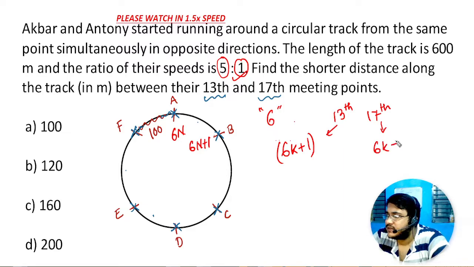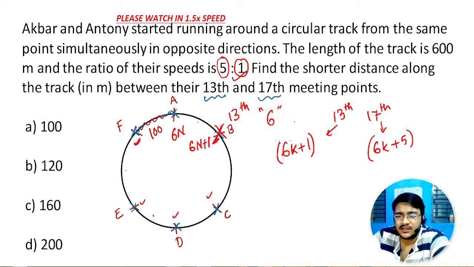So k plus 1 is this one, plus 2, plus 3, plus 4, plus 5. Now I know that the 13th meeting point will be here.